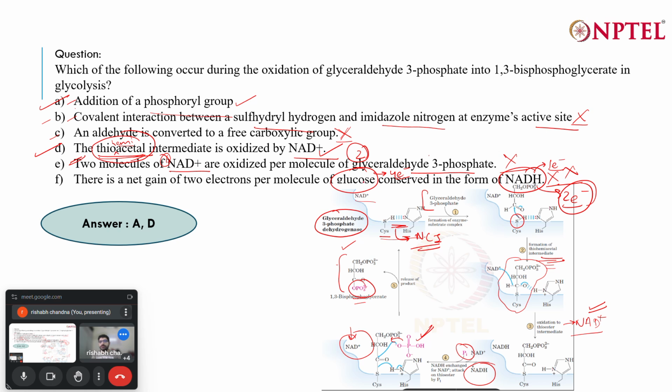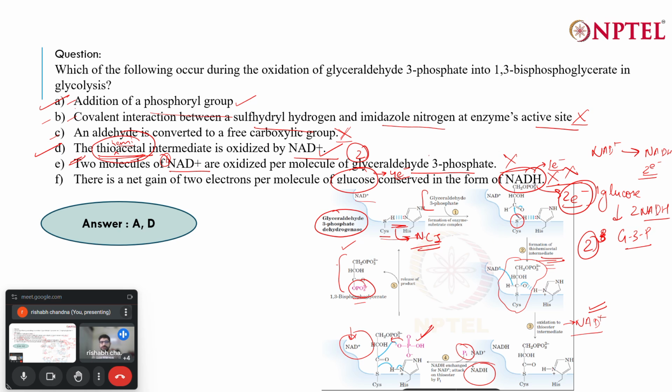Okay, so if we see, when NAD plus is converted to NADH, two electrons are involved in the reaction. And for one glucose molecule, two glyceraldehyde 3 phosphate are formed, so that would require two NADH molecules.